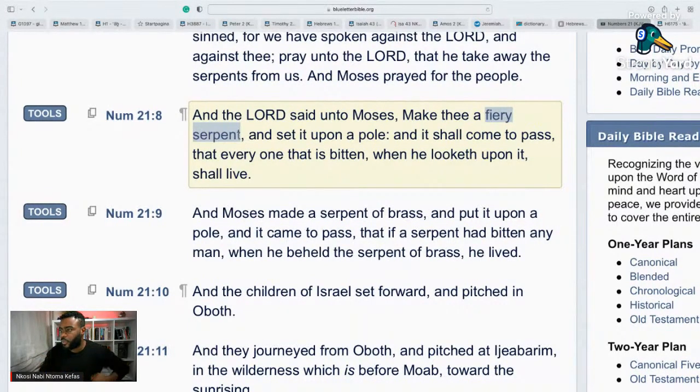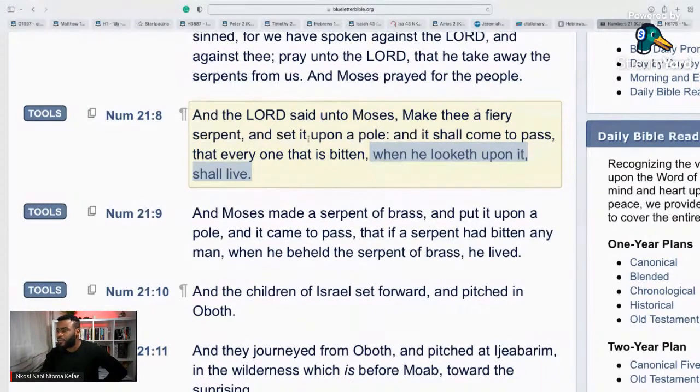Or illuminated one. Make thee a fiery serpent and set it upon a pole, and it shall come to pass that everyone that is bitten, when looked upon it, shall live. My goodness, shall live.